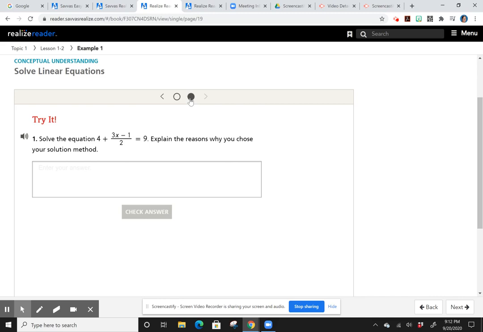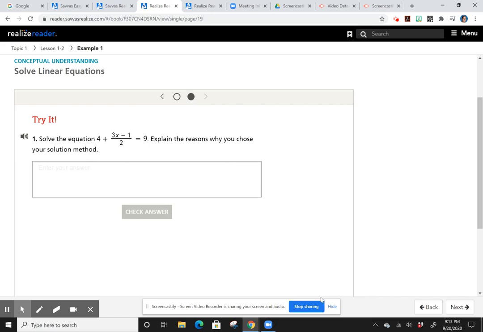Explain the reasons why you chose your solution method. So just like example 1, you now are going to try it showing the steps. Are you going to choose method 1 or are you going to choose method 2? Please show your work on your lined piece of paper, and then you can resume this video as soon as you are done.